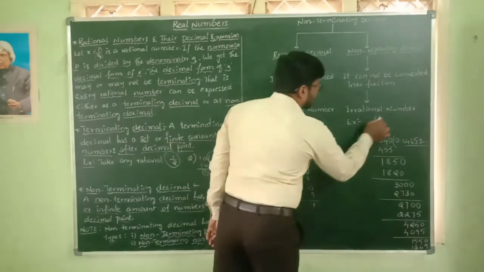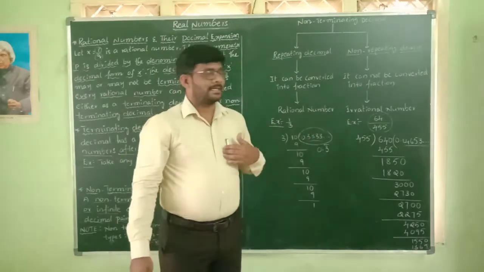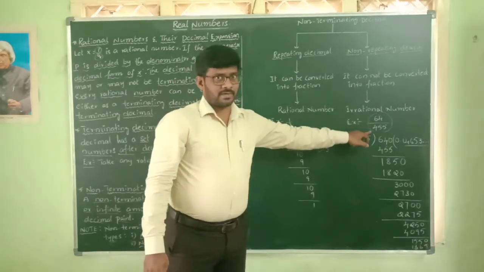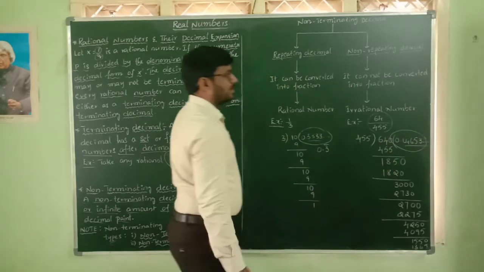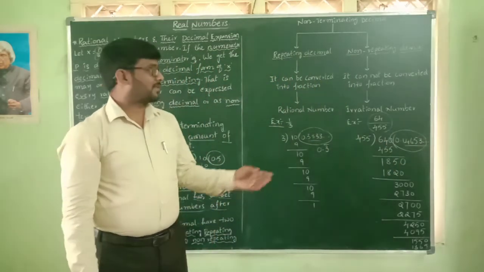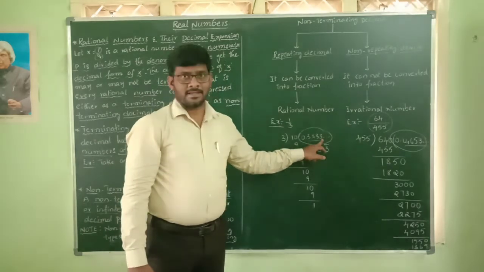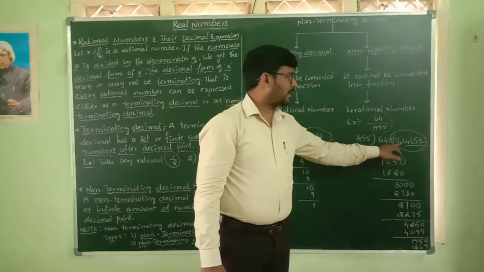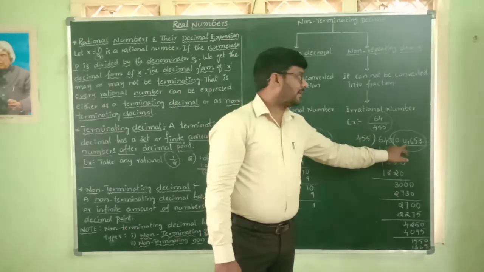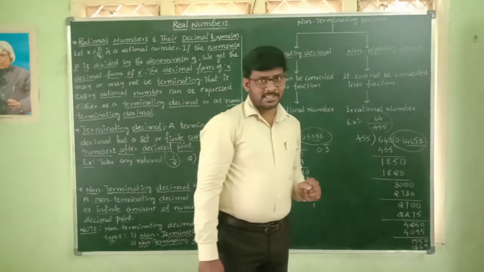But observe here the example of a non-terminating non-repeating decimal. I take 64 divided by 455. I divide numerator by denominator and get the decimal expansion 0.14653. Observe carefully: here, after the decimal point, repeated numbers come infinitely. Here, after the decimal point, non-repeated numbers come infinitely. Understand, children?